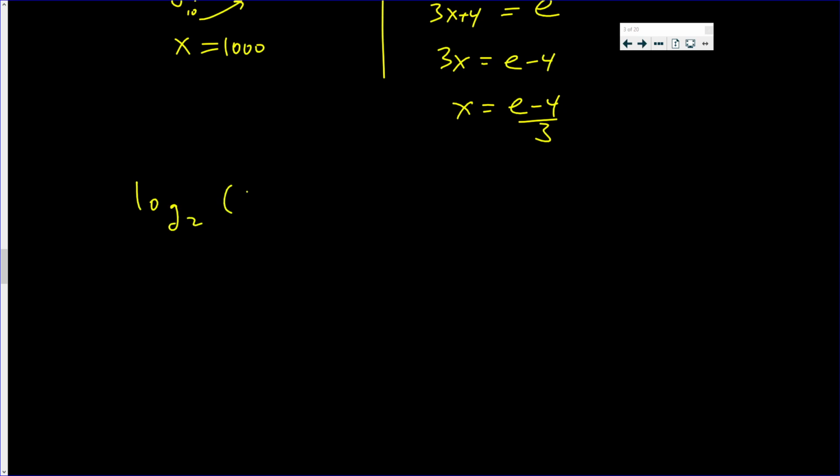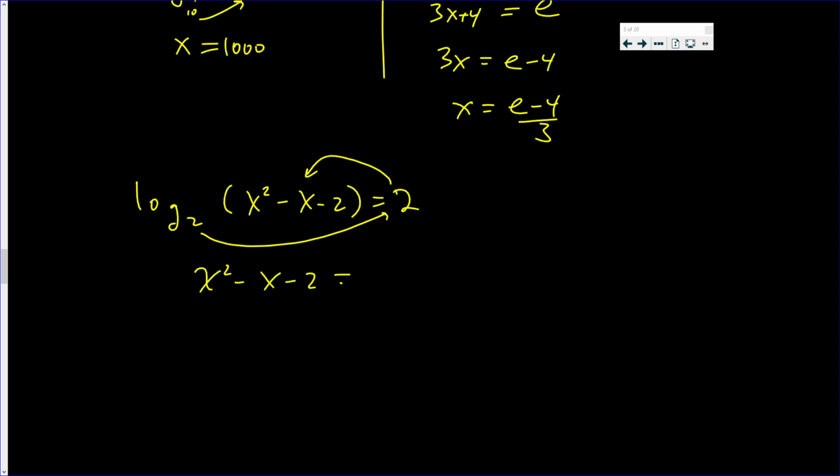Log base 2 of x squared minus x minus 2 is 2. 2 squared, which is 4, is equal to that. So that is equal to 4. So x squared minus x minus 6 is 0.